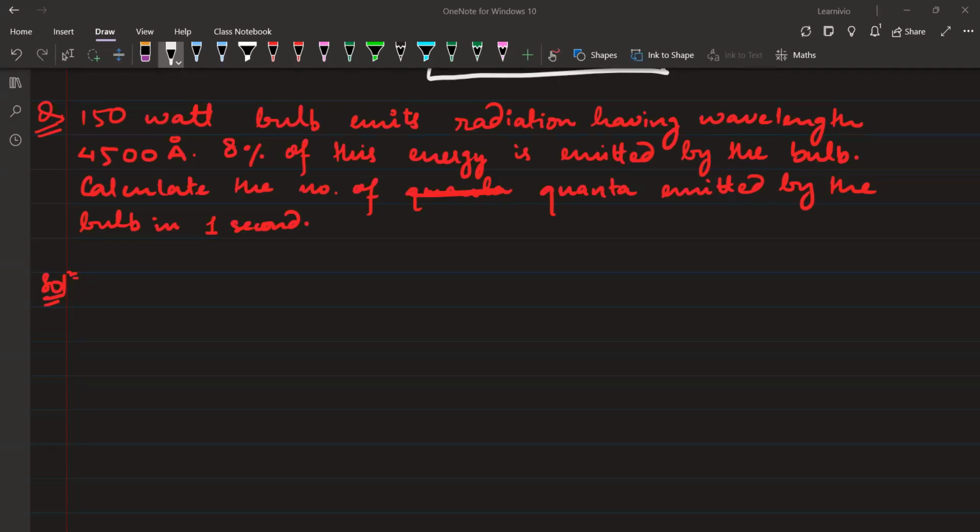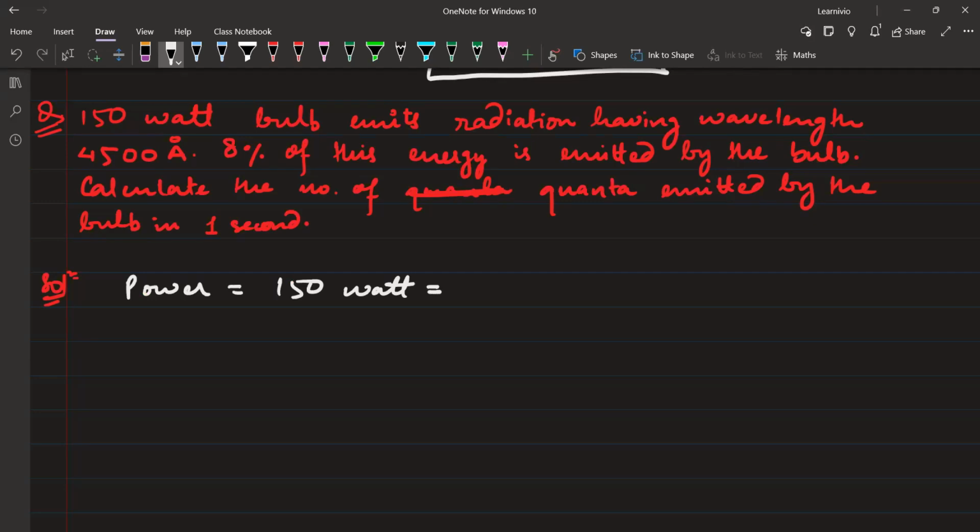Power of the bulb. Very good, power of the bulb, correct. Watt is a derived unit.